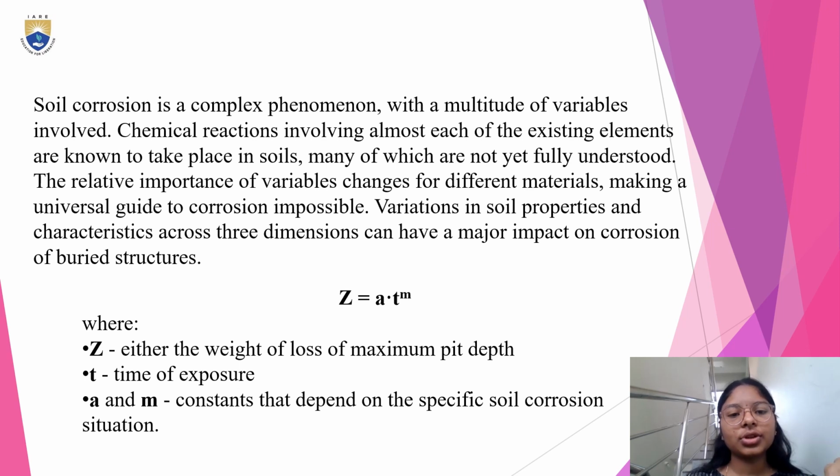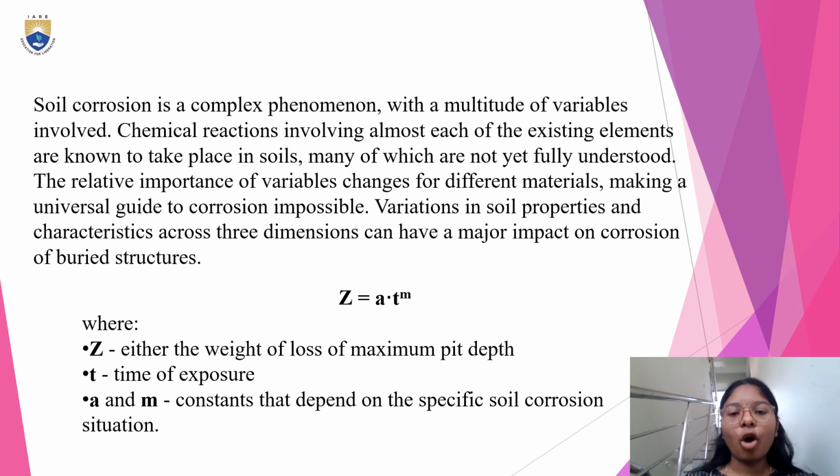The relative importance of variables changes for different materials, making a universal guide to corrosion impossible. Variations in soil properties and characteristics across three dimensions can have a major impact on corrosion of buried structures.